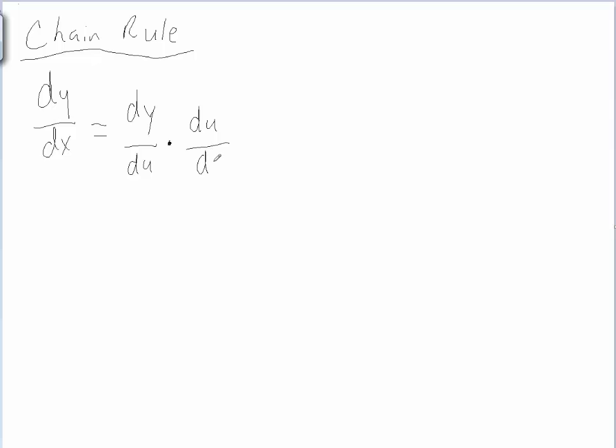And for the chain rule, what we're trying to find is the derivative of a function with respect to x. And we can write it as a product of two derivatives.